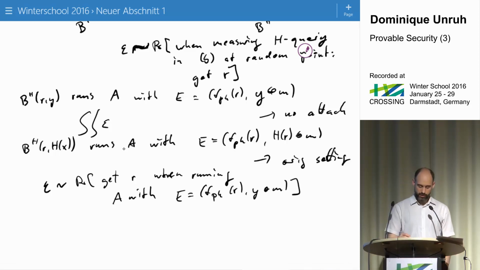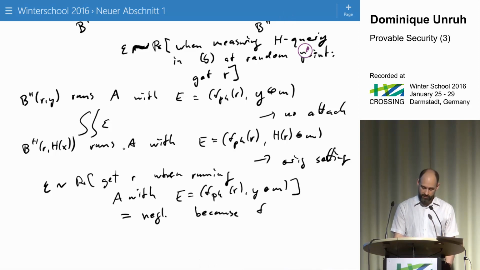But in this execution of this game, r is used only as an argument to f. So the probability of getting r in this game is negligible because f is a one-way function. So we cannot actually find r.